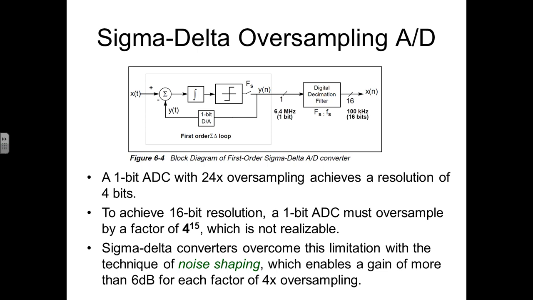The first principle is that a 1-bit analog to digital converter can give you actually the same resolution as a 4-bit analog to digital converter if you use a lot of oversampling.